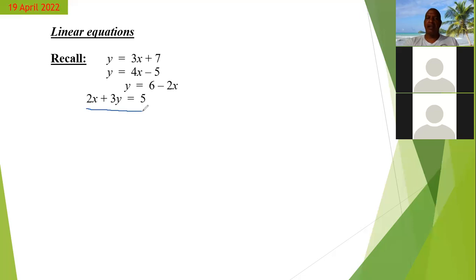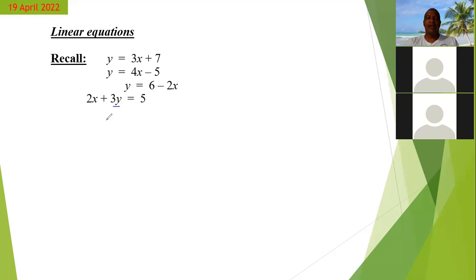Can this one be rearranged so that you have y by itself? Sir, I think so, but you'd have to divide. All right, so if we are rearranging this, what do we want on the left side? The y.